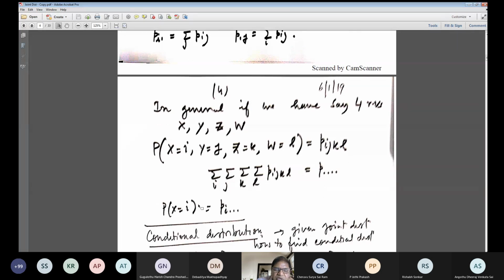If you have to find probability X equal to i, then it is p_i dot dot dot, meaning you sum over the other random variables, that is j, k, l, and then you get the marginal of X.